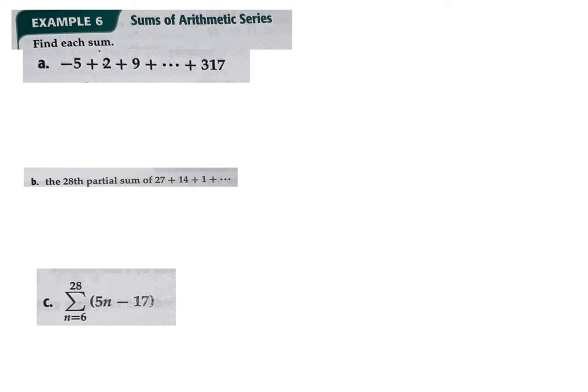And so I can find that out. Whatever term it is, that's a sub n, which is going to equal my first term, -5, plus n minus 1, times, what is my common difference here? How do I get from -5 to 2 and 2 to 9?